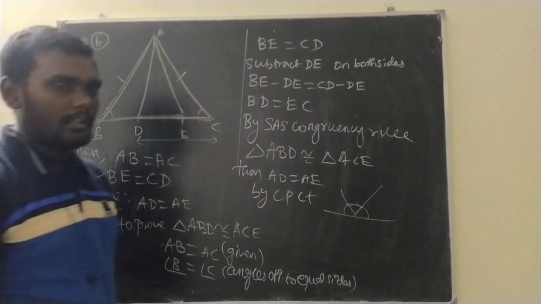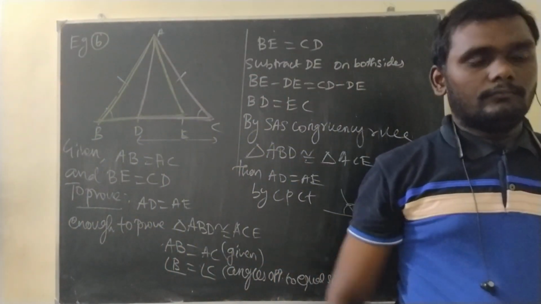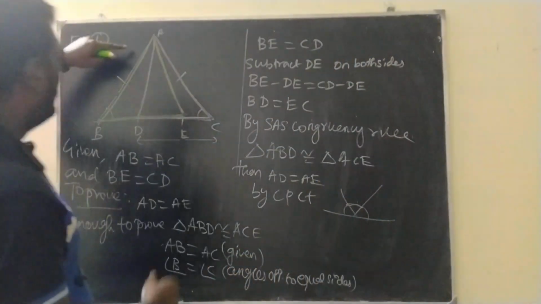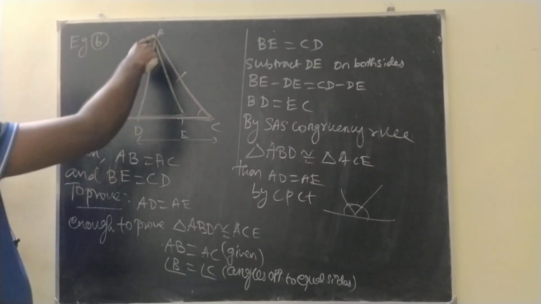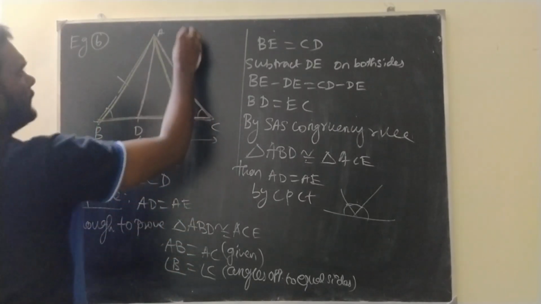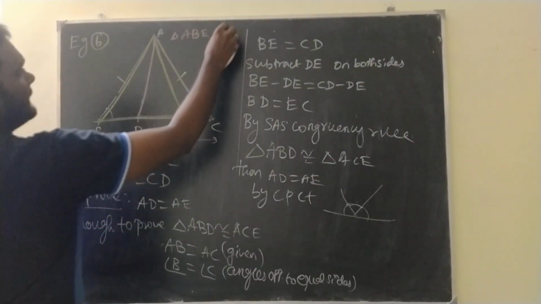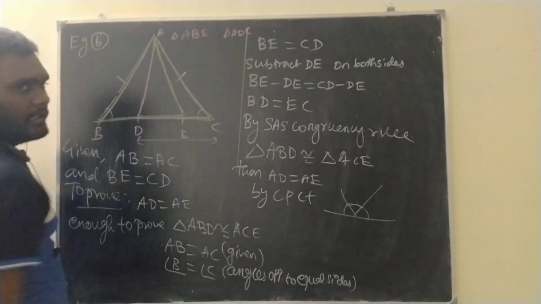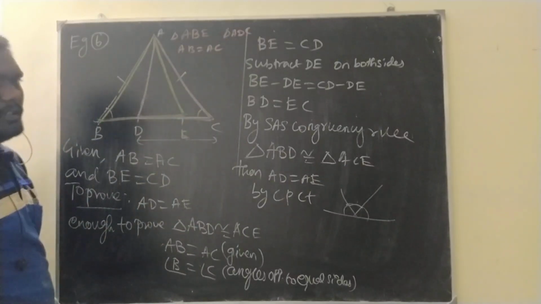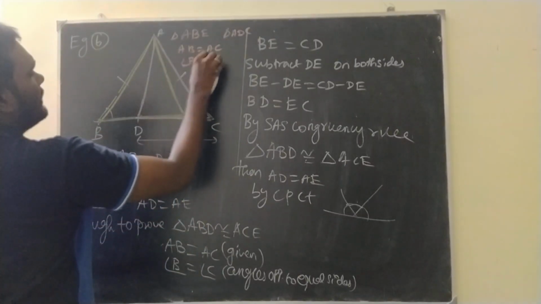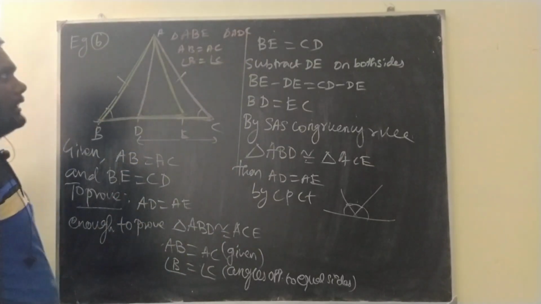Are you getting confused or are you getting the clarity? See this yellow color triangle, can you see? ABE. I'll write for you. ABE and this triangle ADC. In that, AB is equal to AC already given in the question, and angle B equals angle C, angles opposite to equal sides.